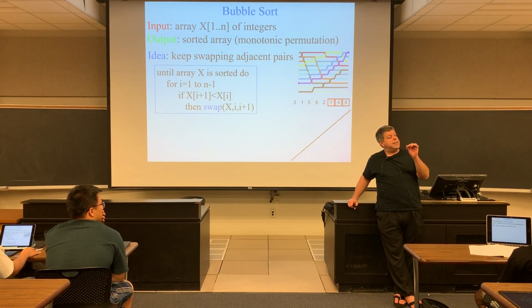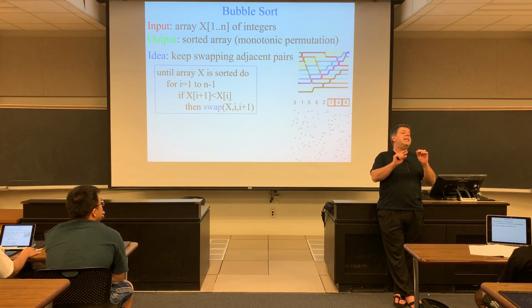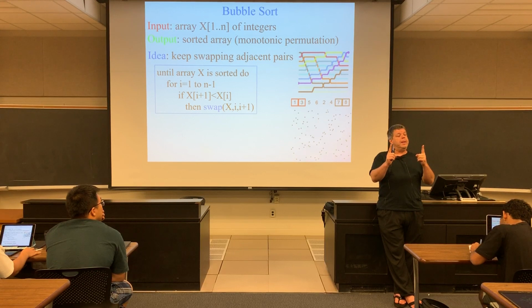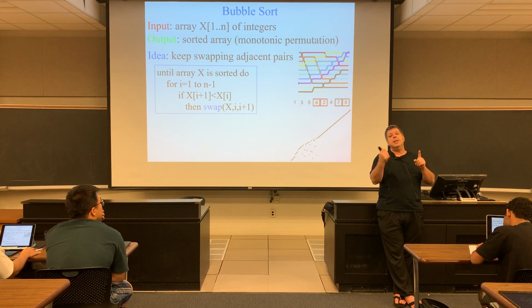Yeah, add the index of the item and use that as a secondary key to break ties. So if two items are the same value, like 13 and 13, instead compare the indices of these two 13s in the original data, and they won't be the same because the indices are all unique.